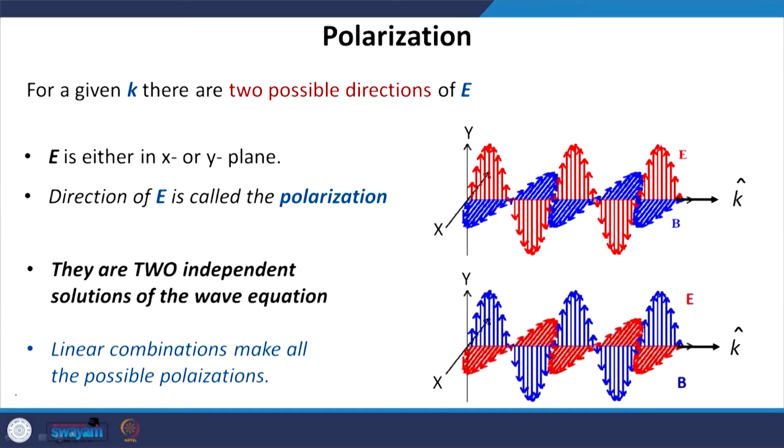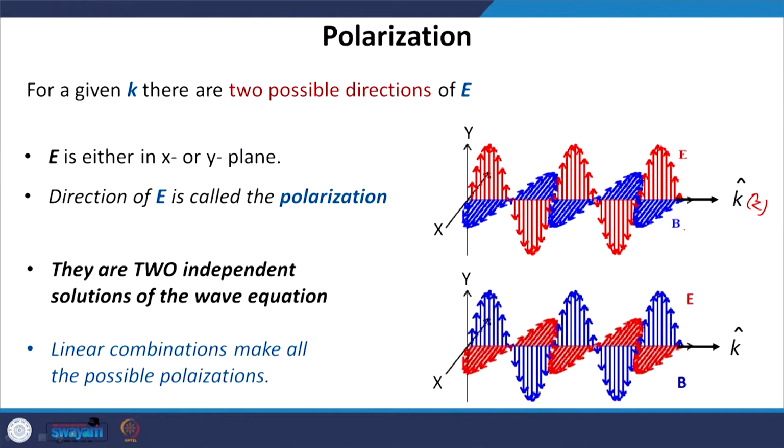So, for a given k, there are two possible directions of E. Suppose this k is propagating in the z direction. Then E can be either in the x plane or the y plane. You can see here the blue ones are the magnetic field, and the red ones are the electric field.